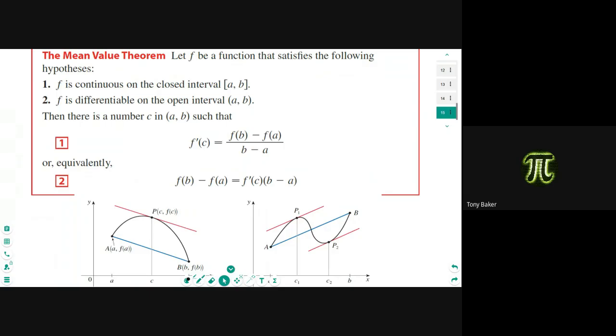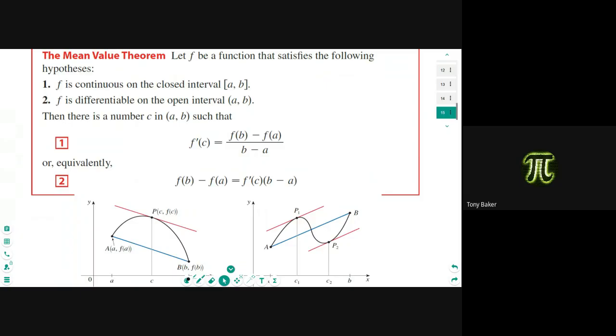The difference is that A doesn't have to be equal to B. What it says is that there is a number C such that the slopes are going to be the same.